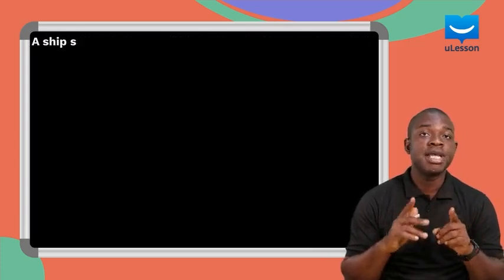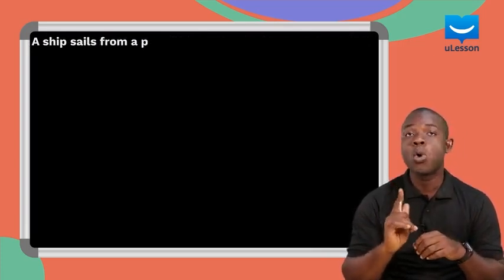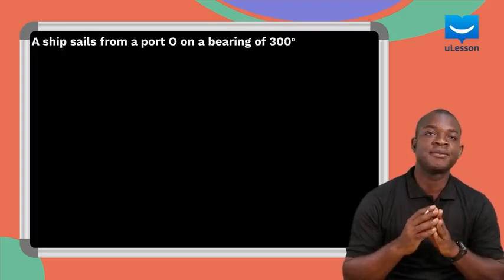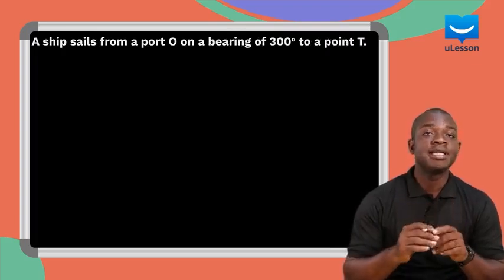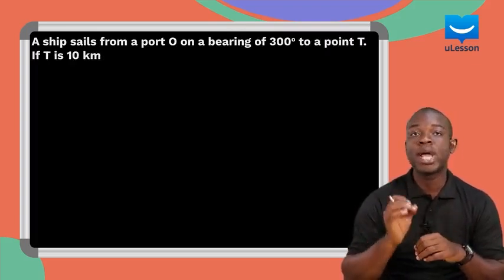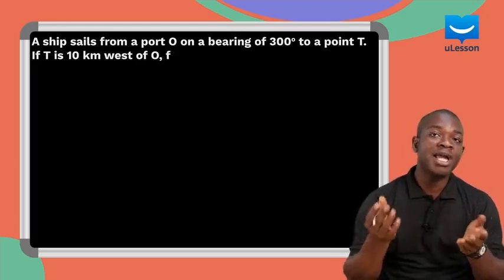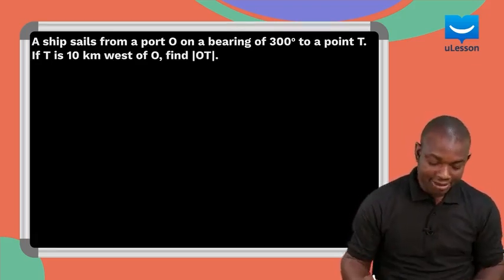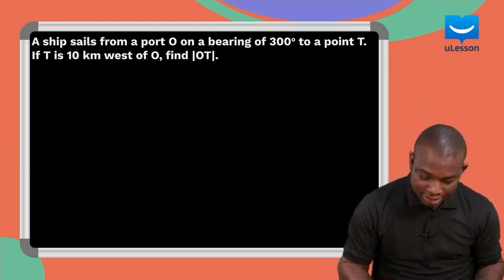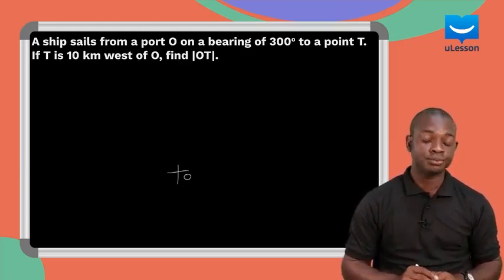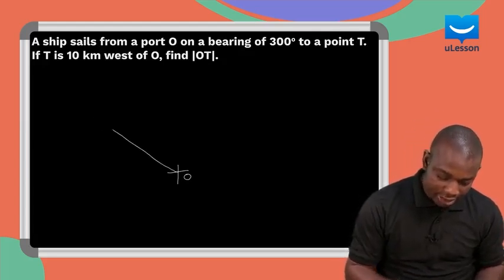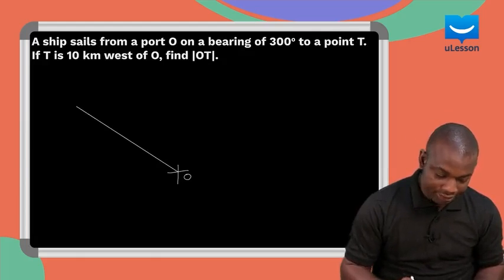A ship sails from a port O on a bearing of 300 degrees to a point T. If T is 10 kilometers west of O, find OT. Again, we make a sketch. So, if this is the starting point, which is O, now 300 degrees will give us a value in this direction.